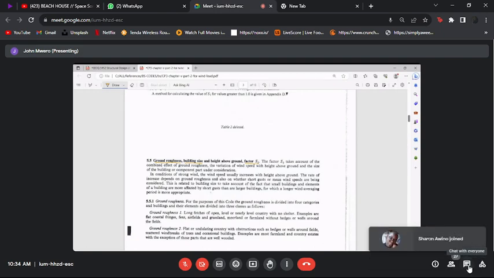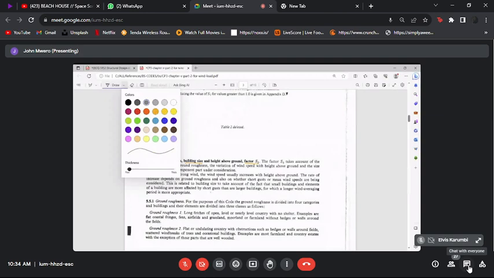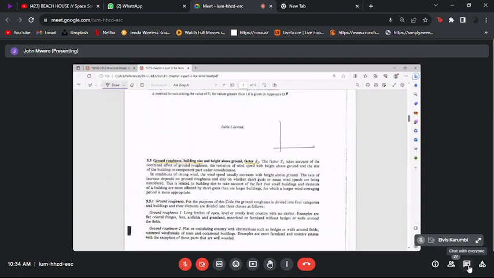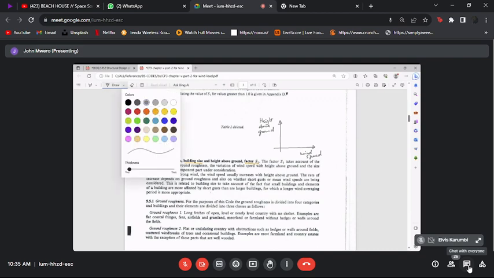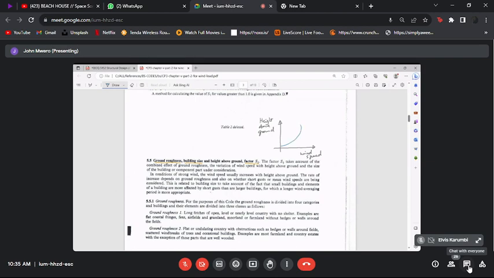Generally, if this was height above ground, and this was wind speed, the variation is like this. Sorry.